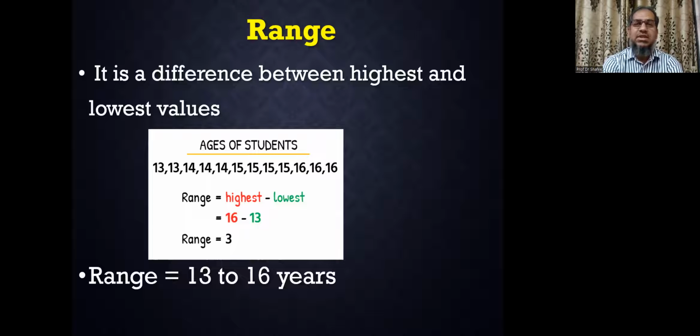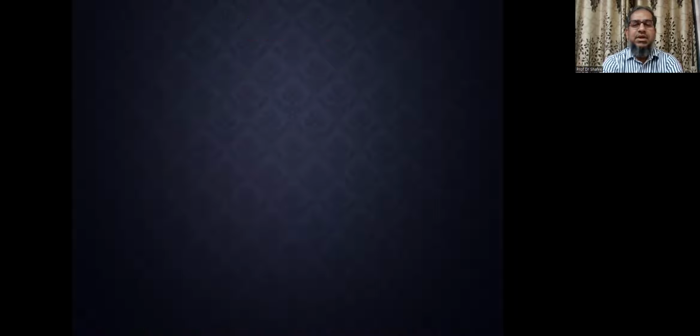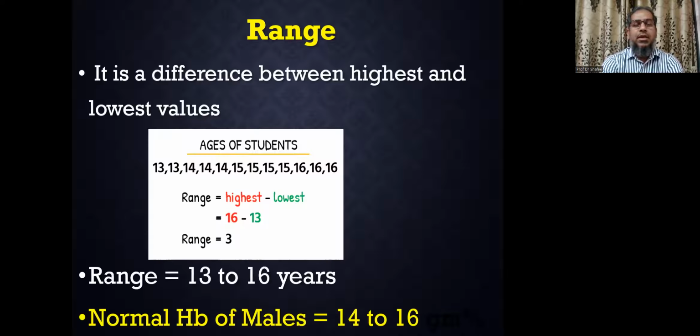So it is not the difference. It is the values or observations from the lowest to the highest. Most of the time, range is expressed as from the lowest value to the highest value. Now take another example: hemoglobin of males, normal hemoglobin. It is from 14 to 16 gram %. Here we don't take the difference.